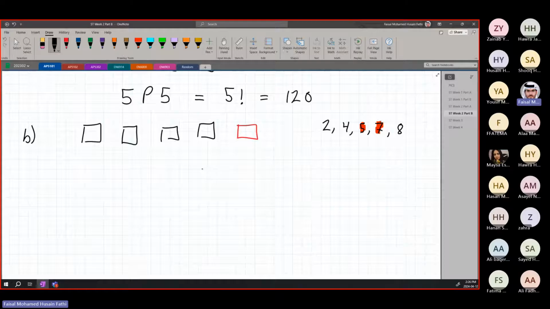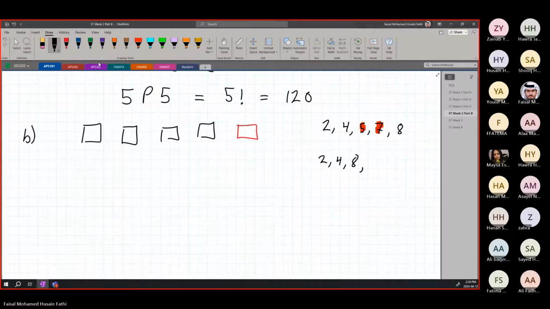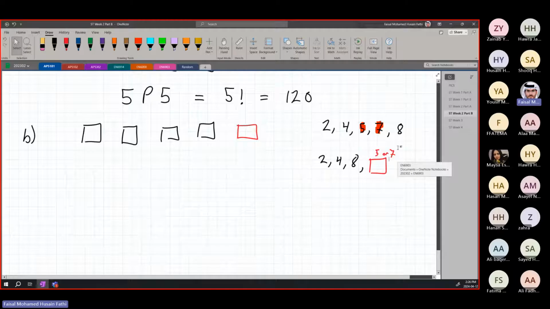So for the first boxes, we're going to treat the 5 and 7 as if they're one part. So it's going to be 2, 4, 8, and then one box for 5 and 7. So we're going to have 4 choices to choose from for the first 4 boxes. Why is that? Because the last number has to go in the last box.